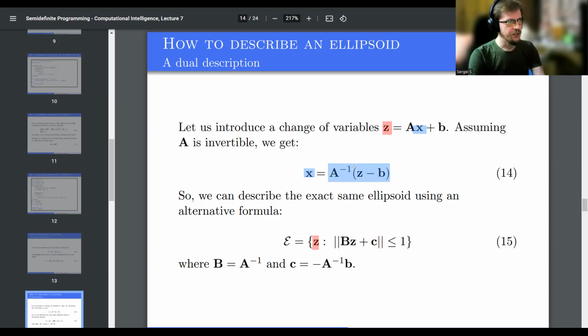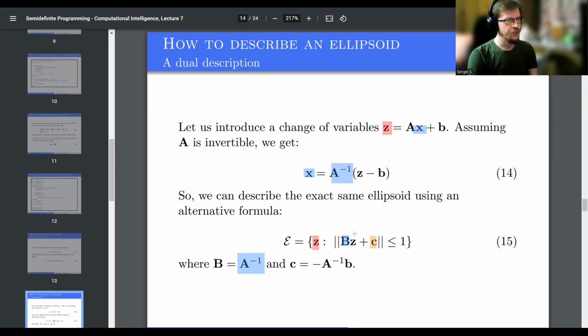Now that we saw this, we can describe our ellipsoid as the set of all Z such that the norm of B times Z plus C is less than or equal to 1. Well, what is this B and what is this C? B is actually just A inverse. So this guy that stands in front of Z, that is B, right?